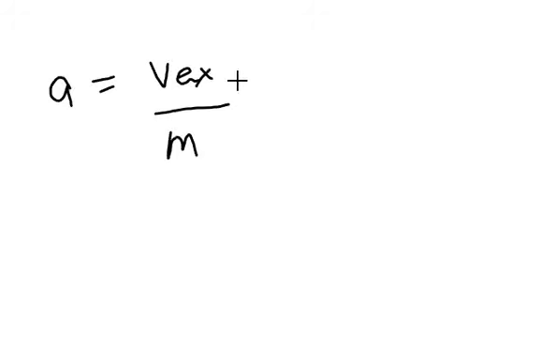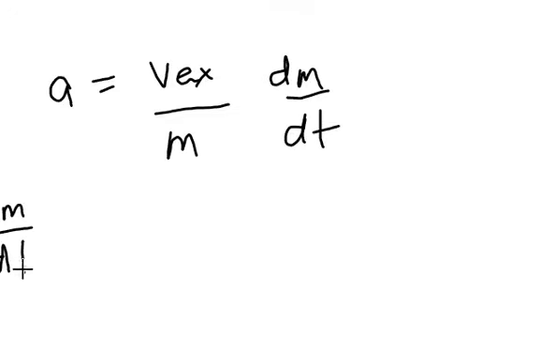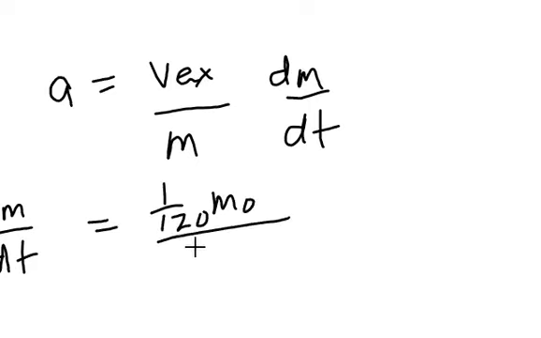We're going to use the equation a equals v exhaust over m times dm/dt. And now we'll solve for dm/dt. dm/dt equals 1/120 of M original over how much time? 1 second.